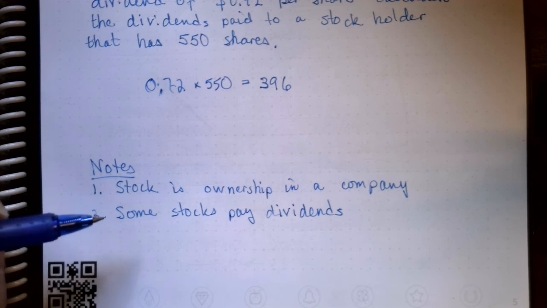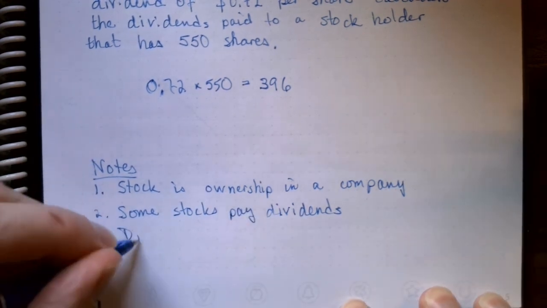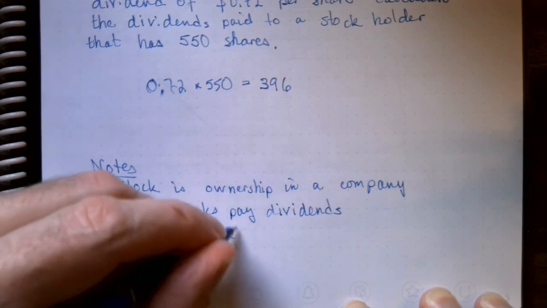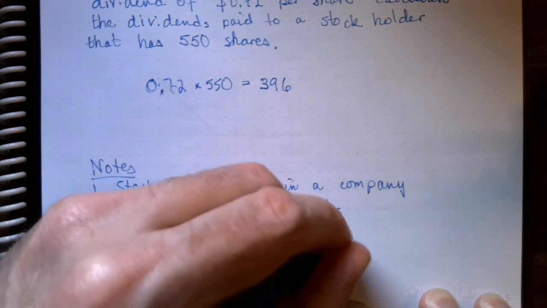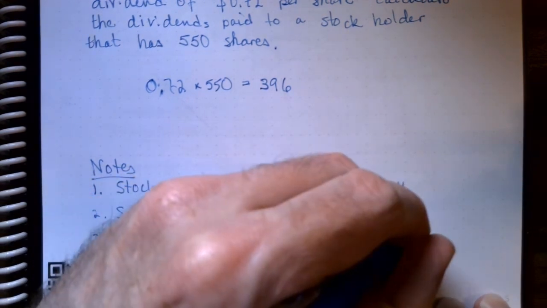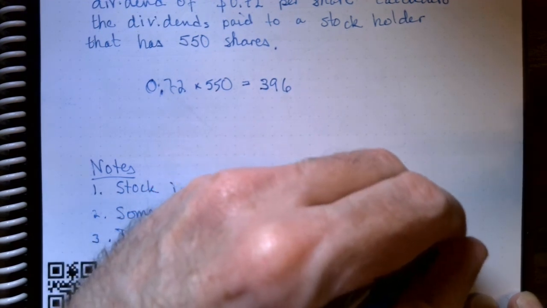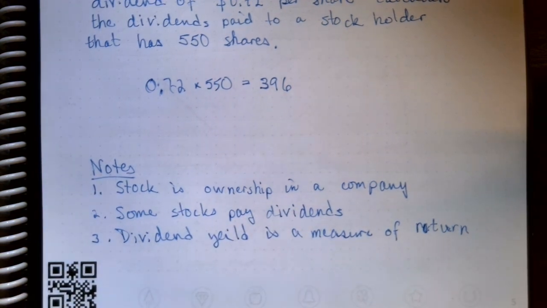Usually that's a payment in the form of more stock in the company. Dividend yield is a measure of return on your investment in terms of dividends. Okay, so those are the basics of working with dividends.